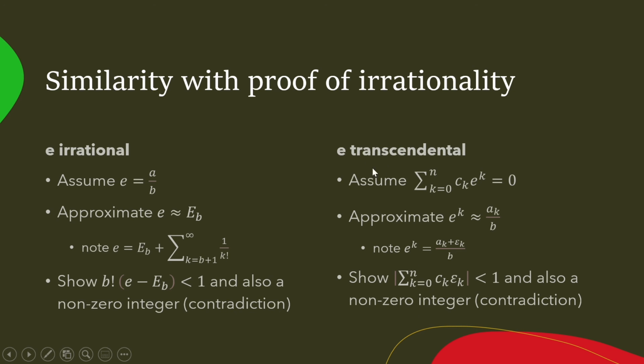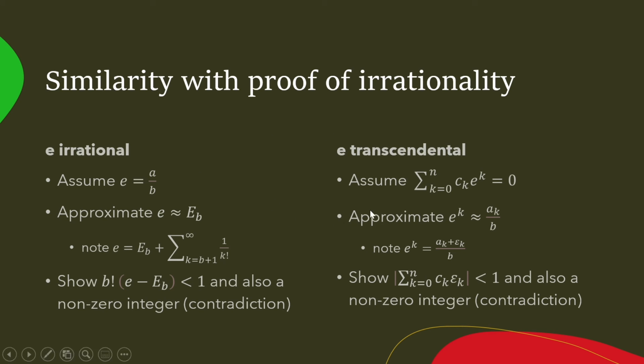Similarly, for e being transcendental, we showed that this sum here, this modification of the errors, was in absolute value strictly less than 1, and it was also a non-zero integer, which was, again, the contradiction. So while the details of both proofs, of course, differed, the high-level structure of both was really entirely the same, as you can see in this side-by-side comparison.